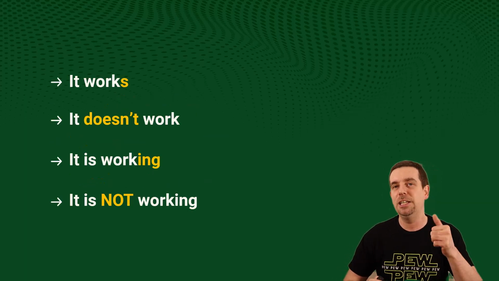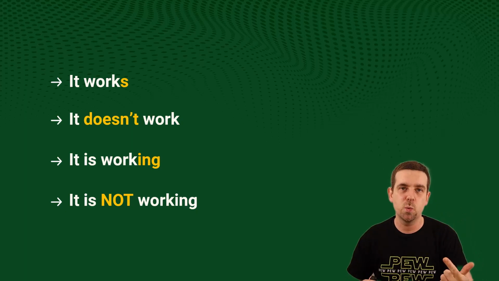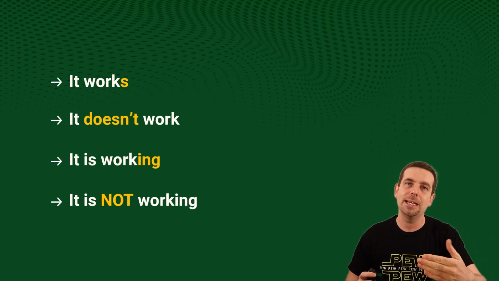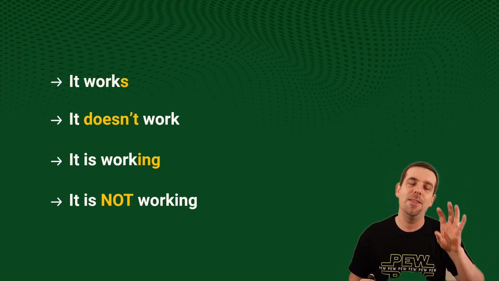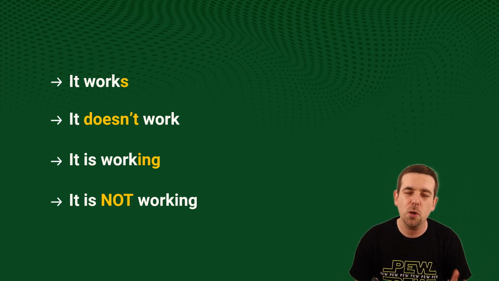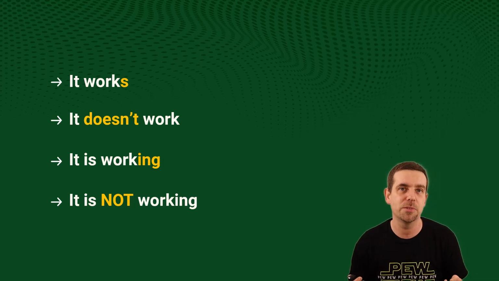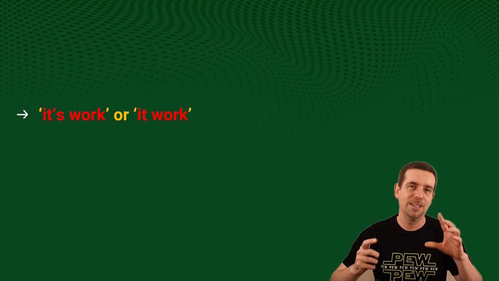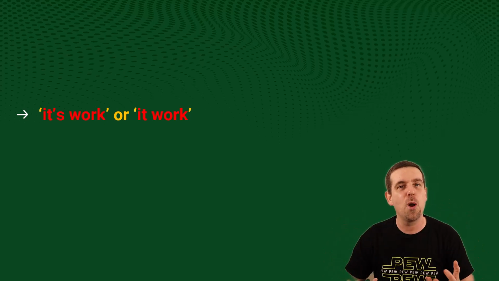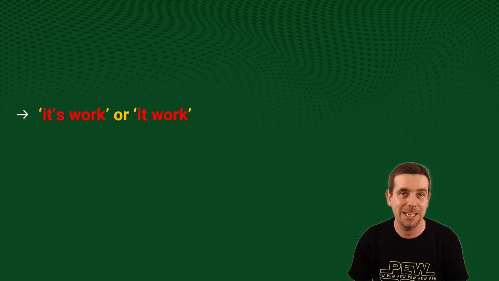And this is where we have "it works", "it doesn't work", "it is working", "it is not working". These are the correct forms, and this is where so many of my students have little problems. And if you say "it's work" or "it work", this is the small problem I want to help you fix.